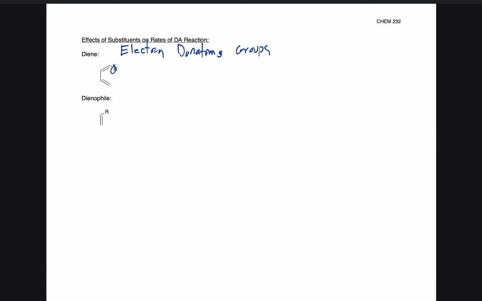And so to make this reaction go faster, we want something that's more donating. This would be anything with, say, an oxygen with an alkyl group. This would be a great electron donating group. Methyl groups, like we've seen, also donate, and then hydrogens don't do any sort of donating, so it's slower.